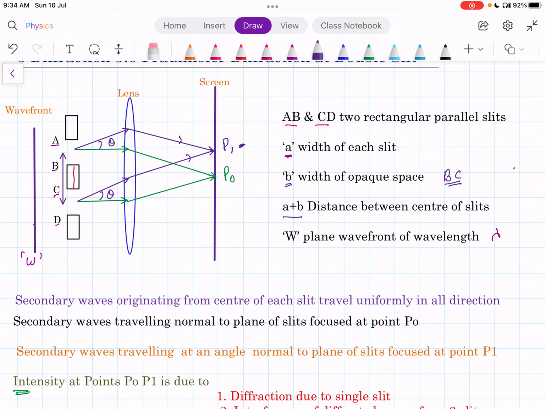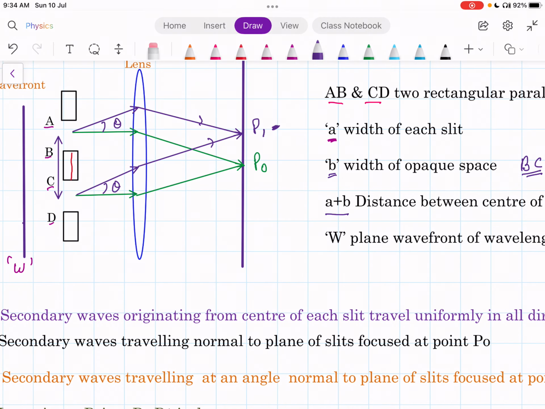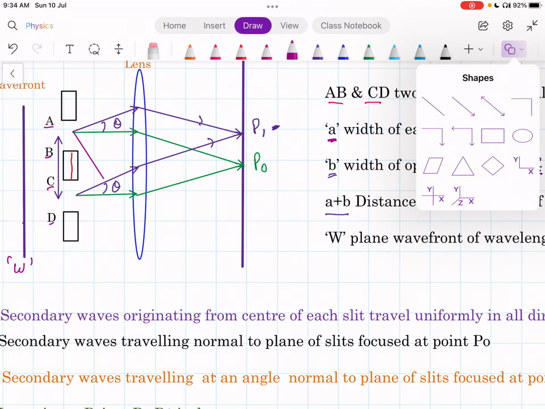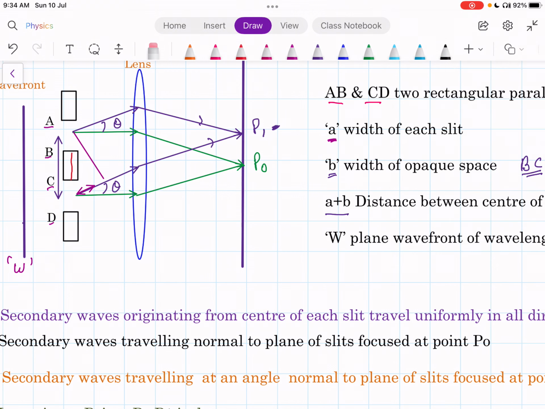So there would be interference between these two waves, and whether that interference is constructive or destructive will depend on the path difference between these two waves which are reaching at point P1. The path difference between the waves reaching at point P1 we can find by drawing a normal on the second wave, and the path difference would be this distance.